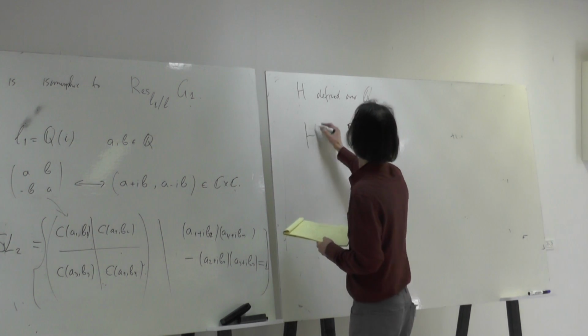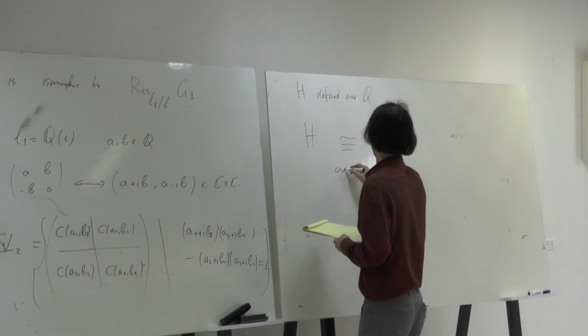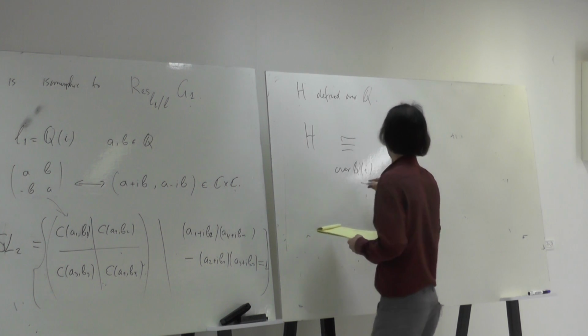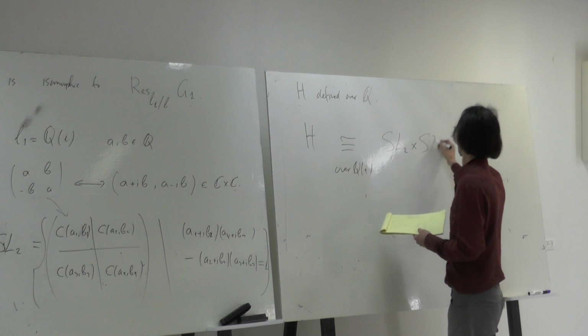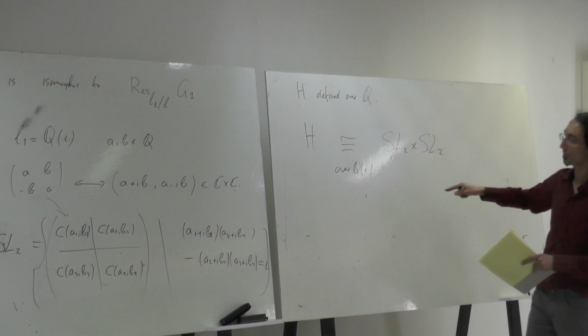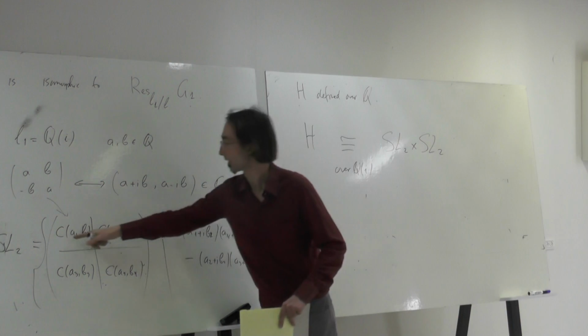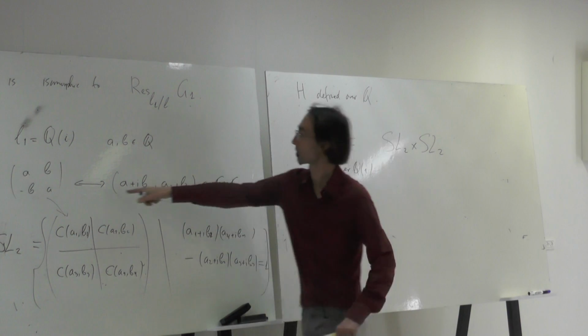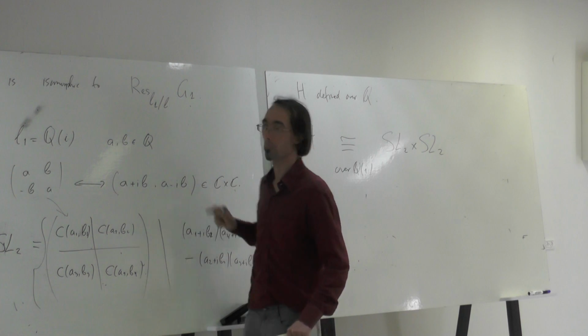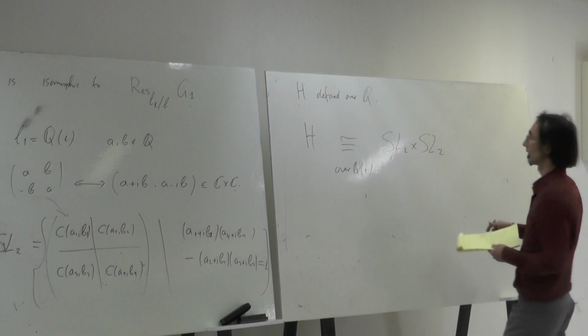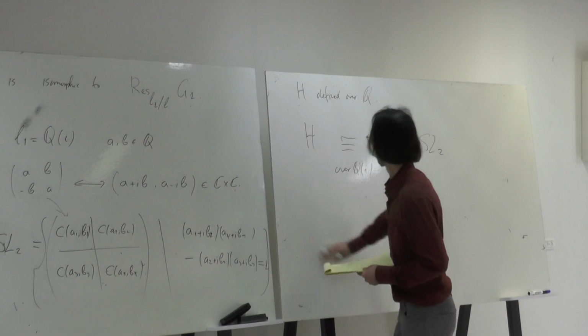But over Q(i), H is isomorphic to SL2 times SL2, where the isomorphism is induced by this map. And we also have a correspondence of the rational points.